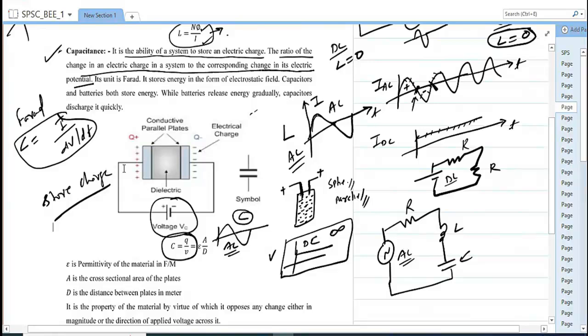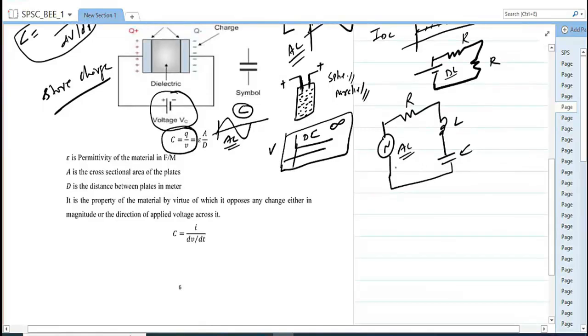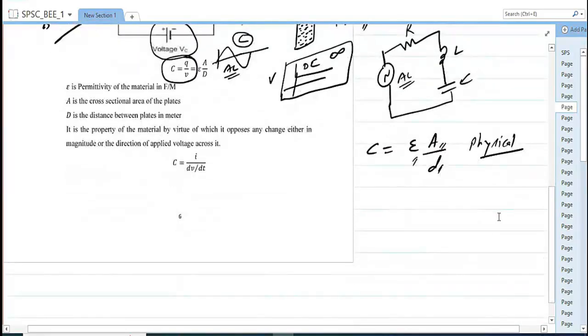So based on the physical parameters of the capacitor, the capacitance can also be defined as C is equal to epsilon A upon d. Now what is this epsilon, what is this A, what is this d? This is the physical definition of capacitance. So there you have two to three formulas for capacitance.